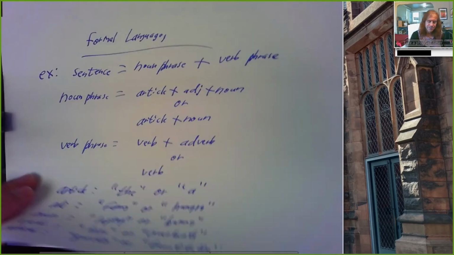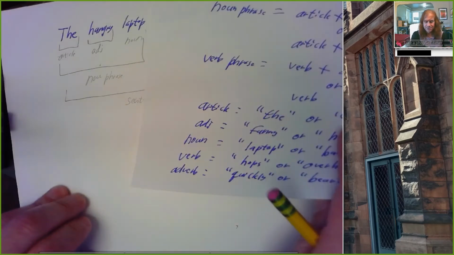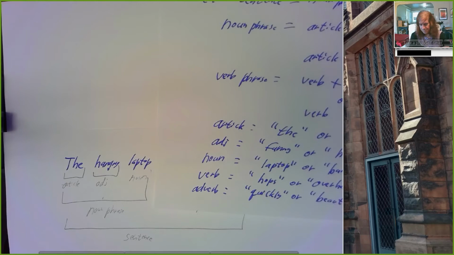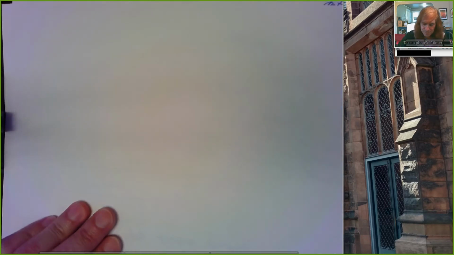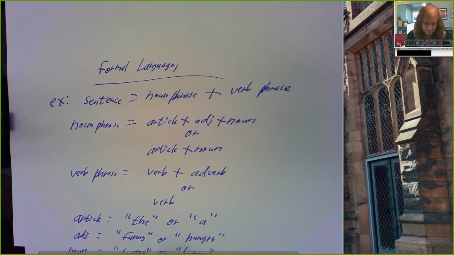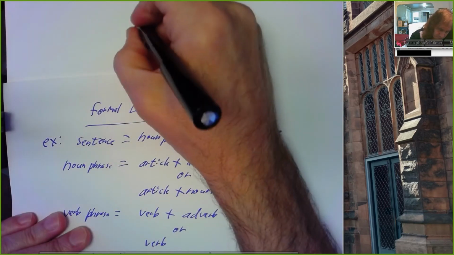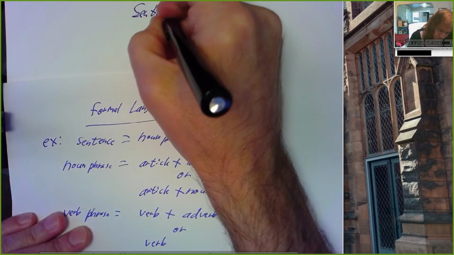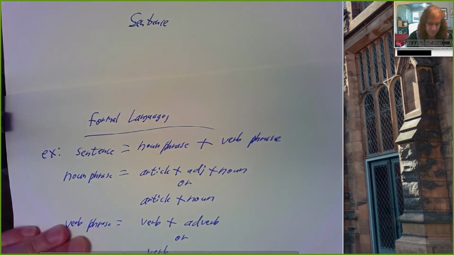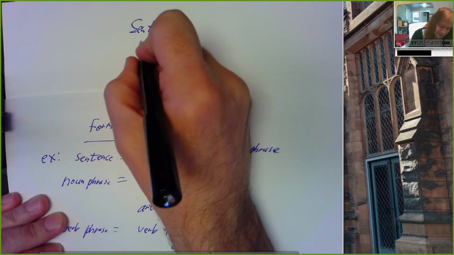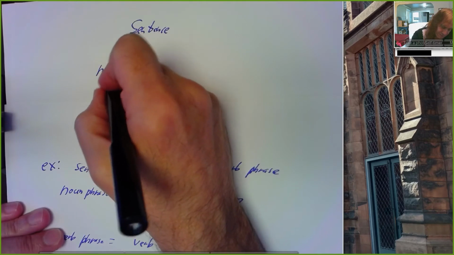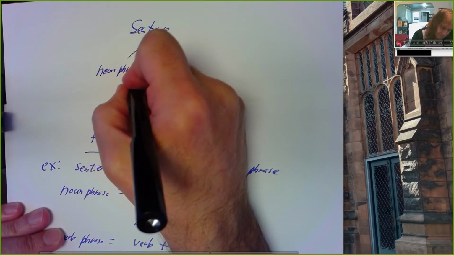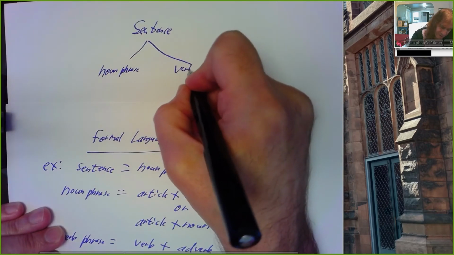And this goes a little bit in the other direction. So a sentence, for example, we can think of as a noun phrase followed by a verb phrase.